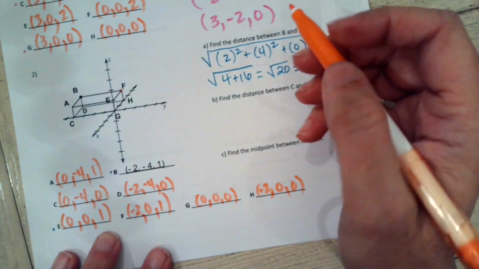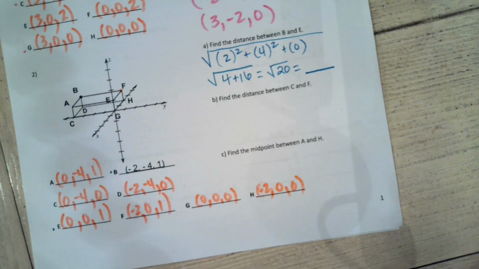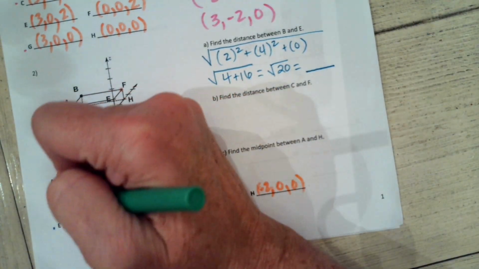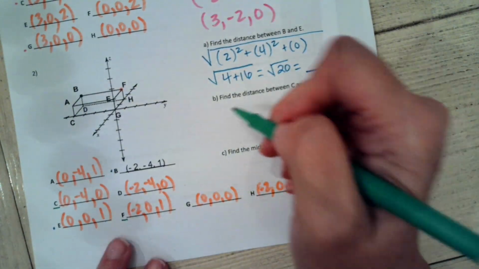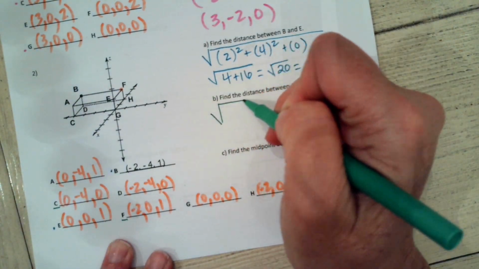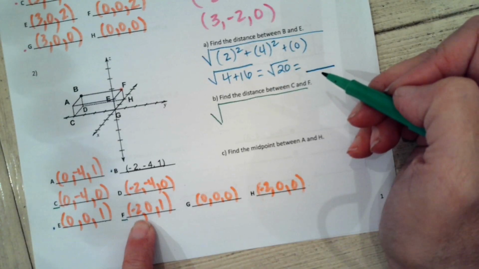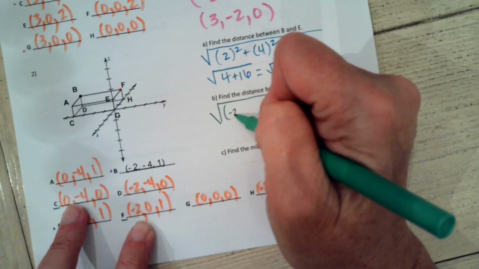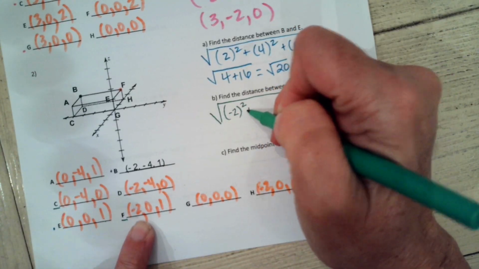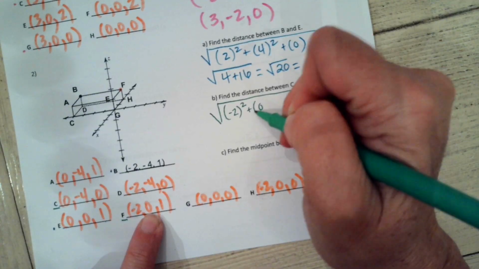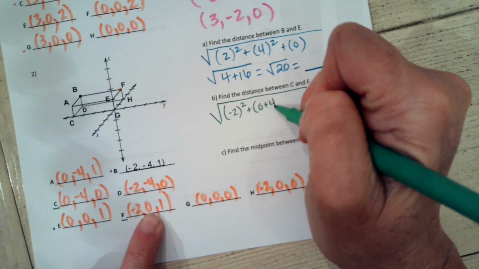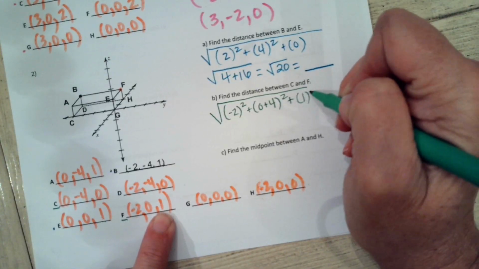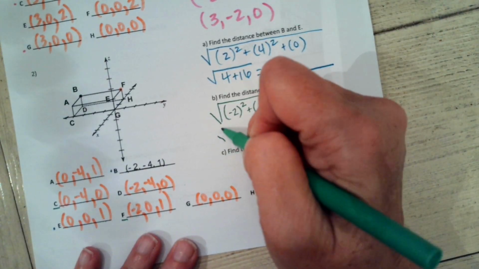All right, distance between C and F. I'm going to let F be my second point. So that'll be -2 take away 0. It'll be 0 take away -4. So that's actually a +4. And 1 take away 0. All right, so what do we have here?